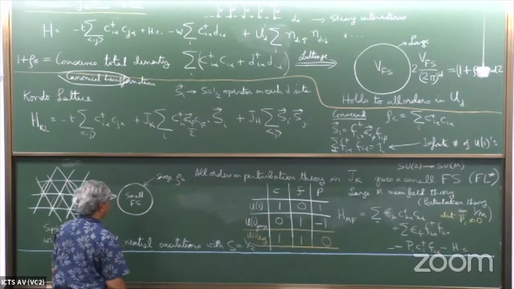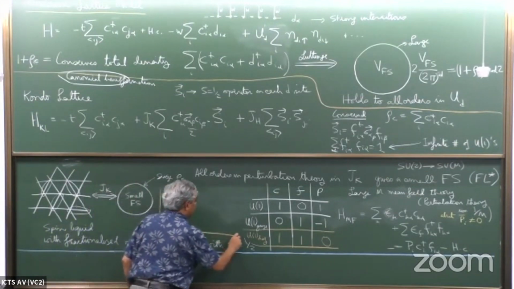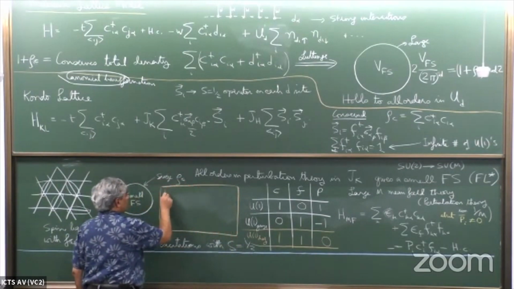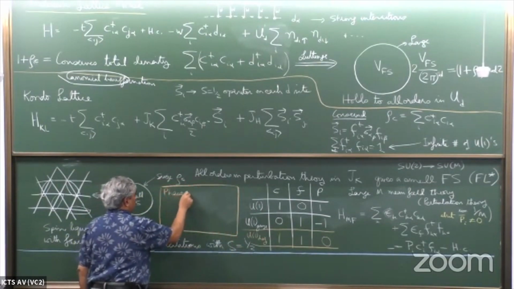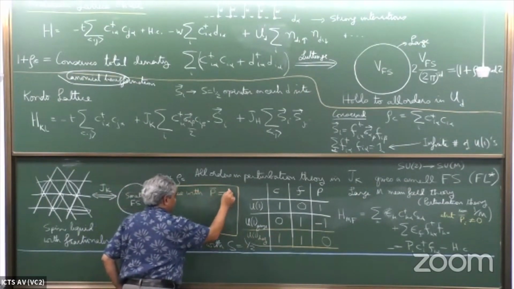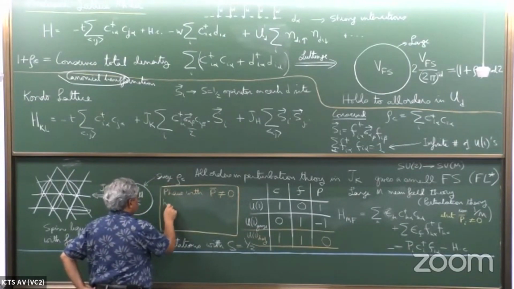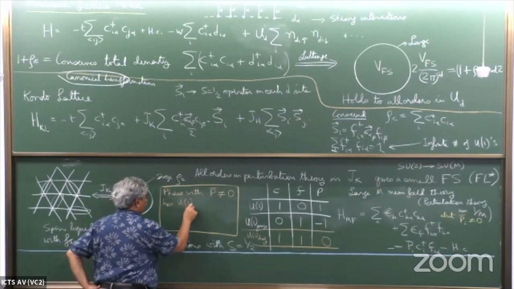So I can say that over here. The phase with P bar not equal to 0 has U1 diag unbroken.